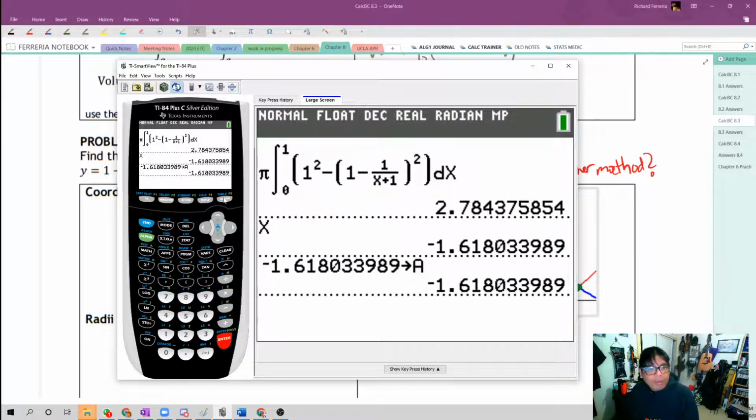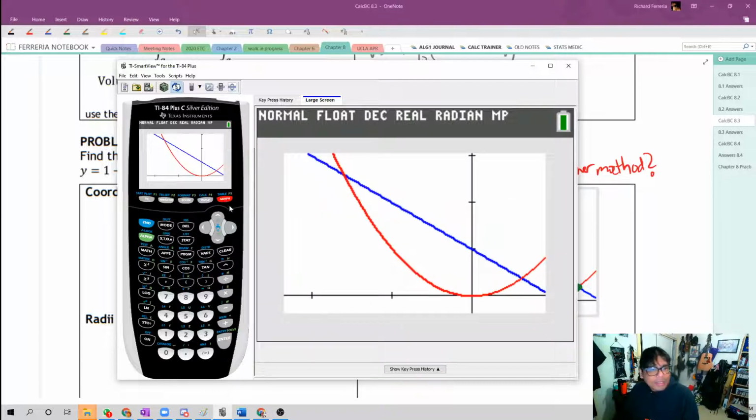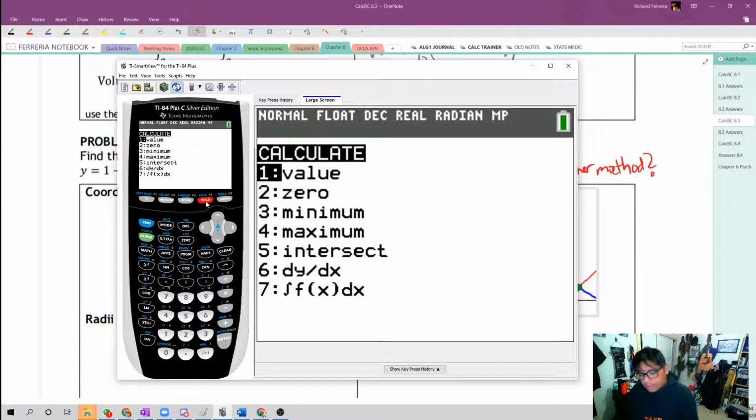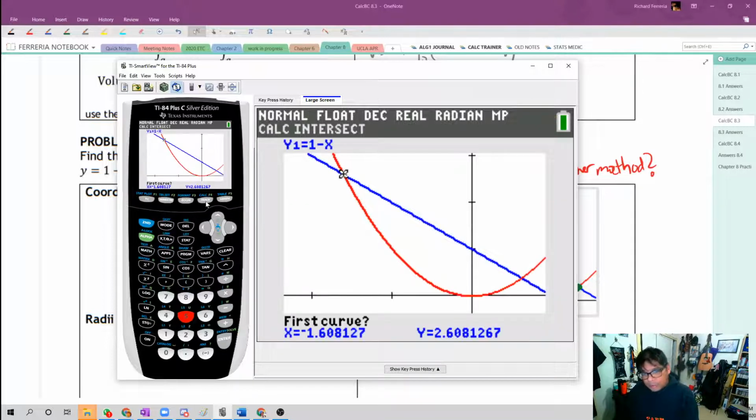Go back to the graph, and let's find the second intersection. So second, calculate, intersect, and let's see, curve 1, curve 2, and that point of intersection looks like around 0.5. So let's take a guess of 0.5 and see how close we are. Oh, 0.618. Same thing.